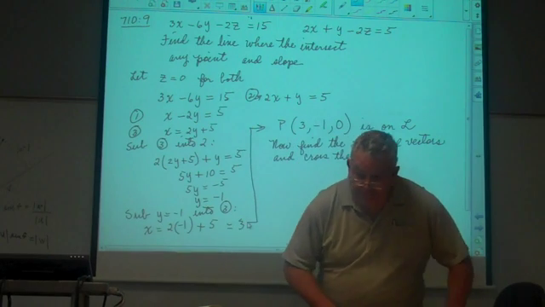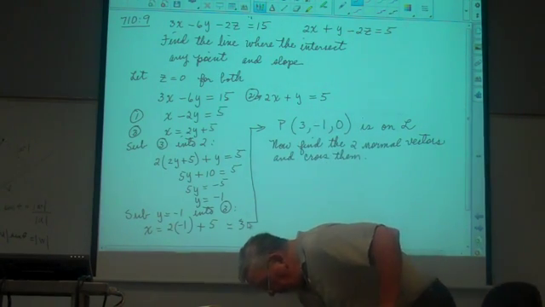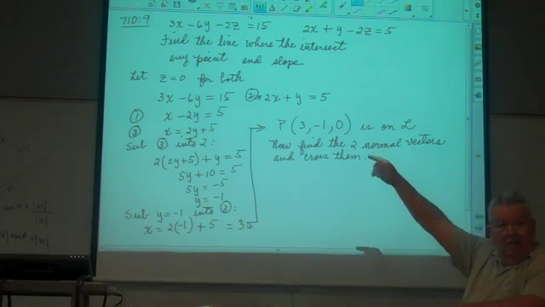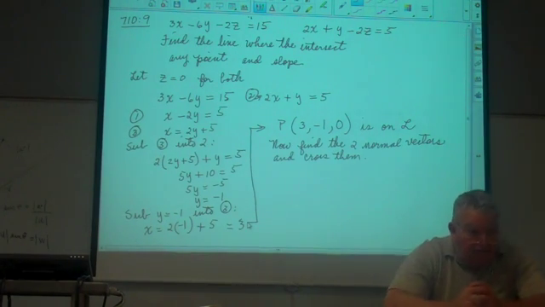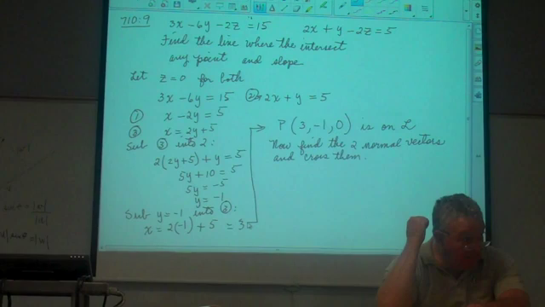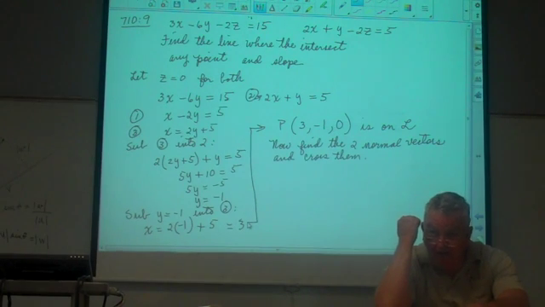Here's my idea. A normal vector, those are two planes up there, aren't they? And each one of those planes has got a normal vector. And we know what those normal vectors are by just looking at that equation, do we not? Isn't that the way we form that equation, with the coefficients of x, y, and z being the normal vector?